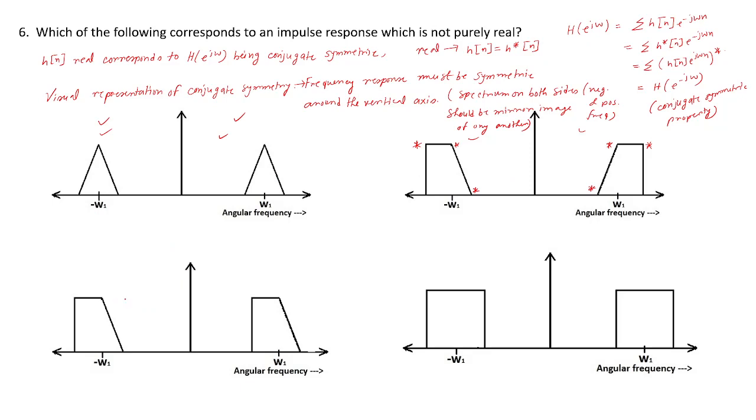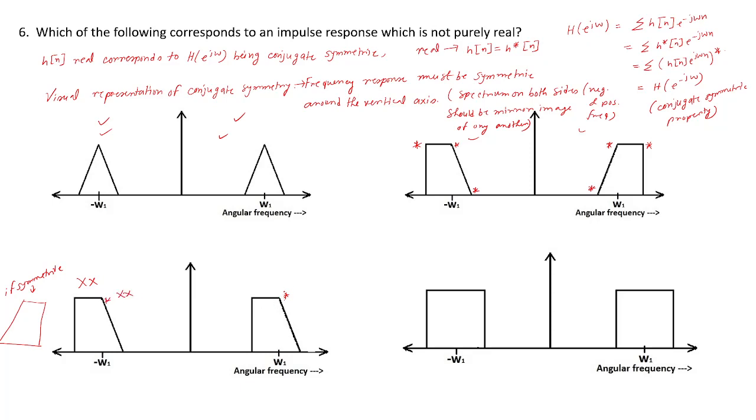Let us move to this one. Okay, but this one is actually failing. These things are not mapping to this. If it has to be mapping, it should be like this only. If symmetric, it should be like this, but it is not, because this point is getting mapped here, which is not correct at all.